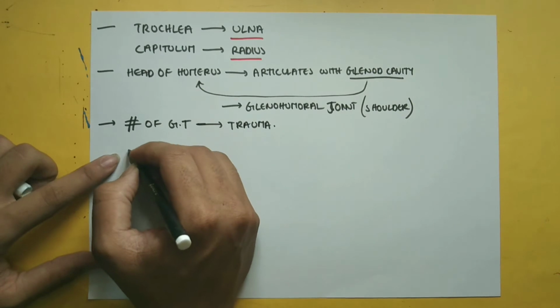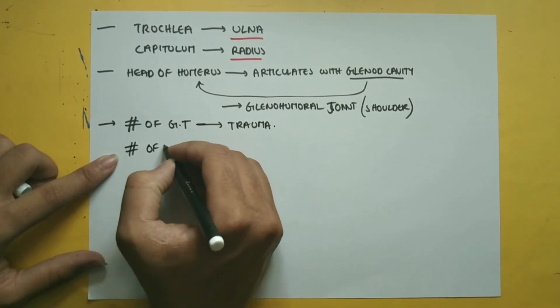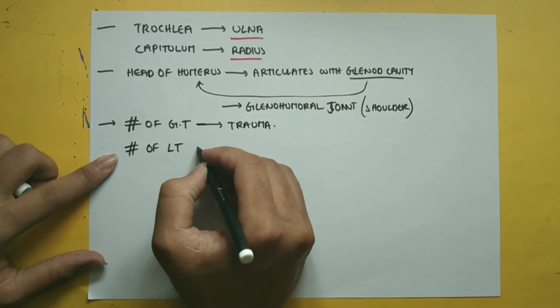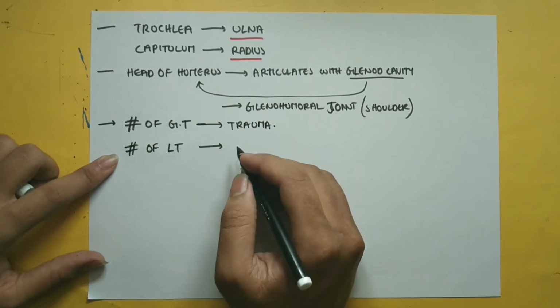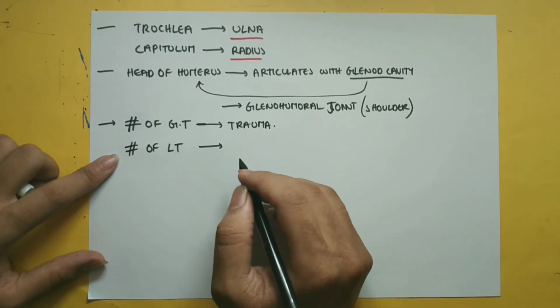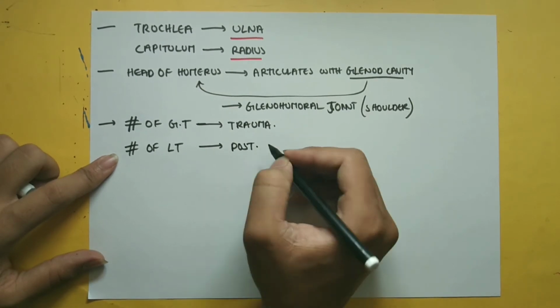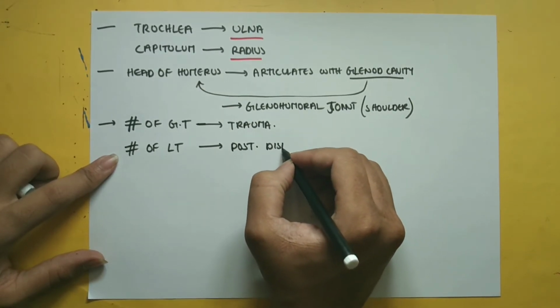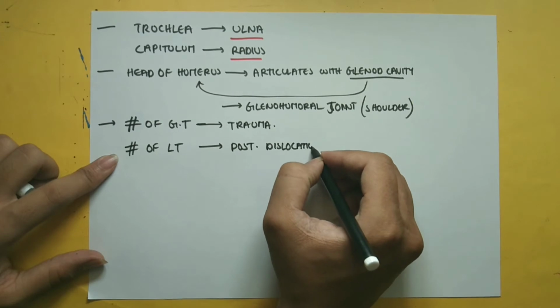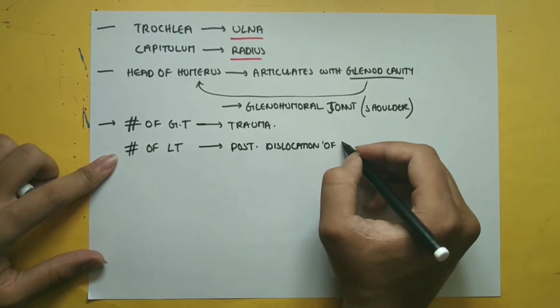And the fracture of lesser tubercle occurs by the posterior dislocation of the shoulder joint.